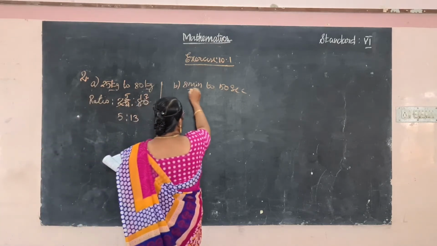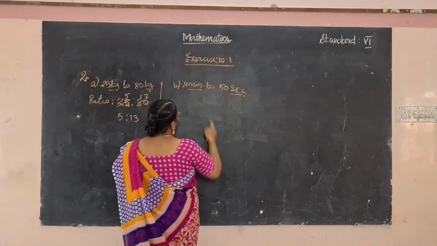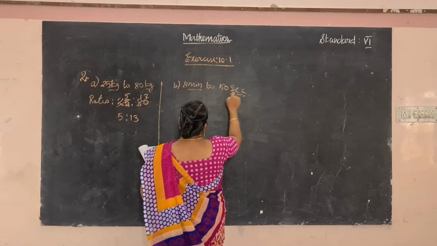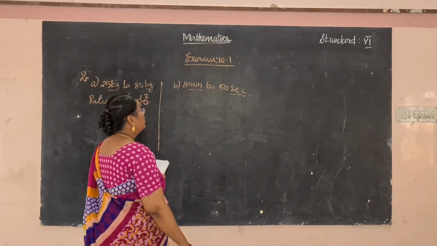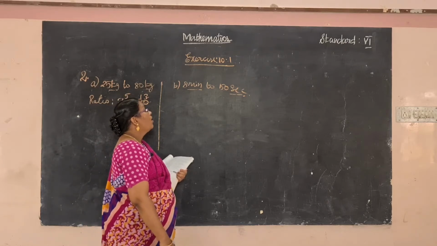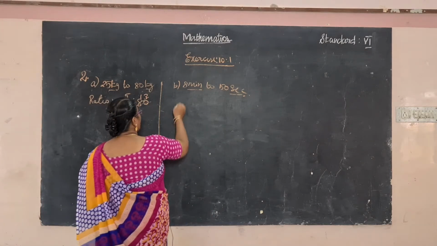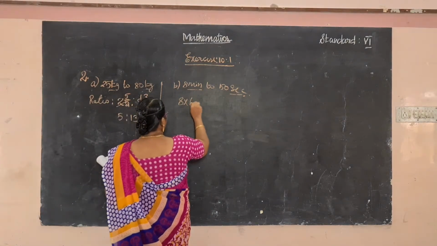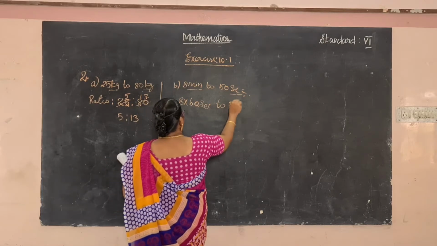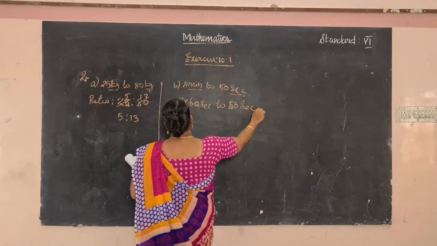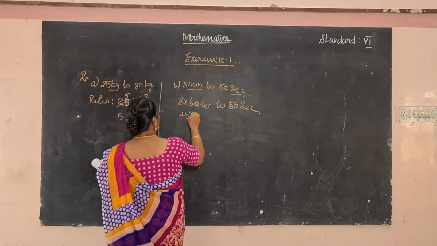See here, first we have to check the units, okay. Here minutes, here seconds. So we have to change to seconds, okay. So 1 minute is how many seconds? 60 seconds. So we multiply 8 into 60 seconds, 8 6s are 48, so 480 seconds to 50 seconds.